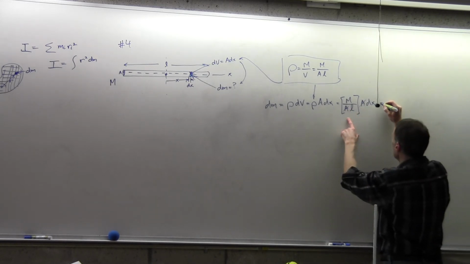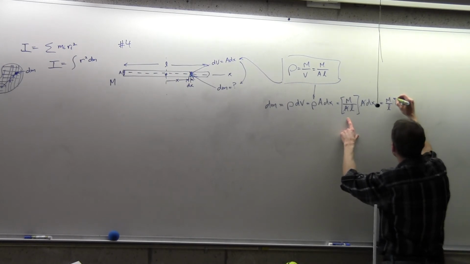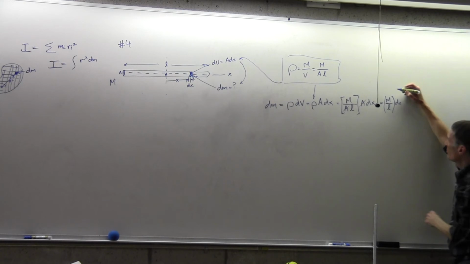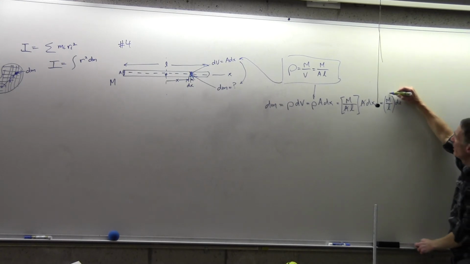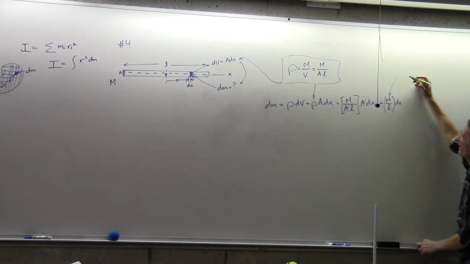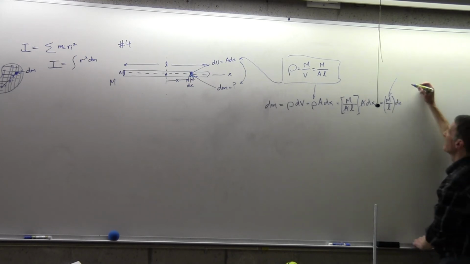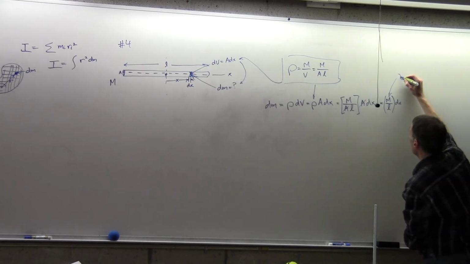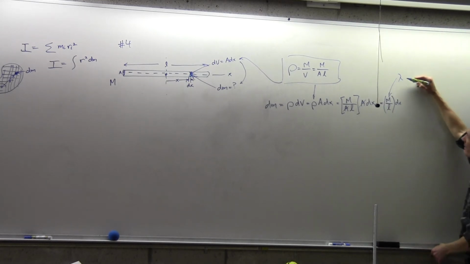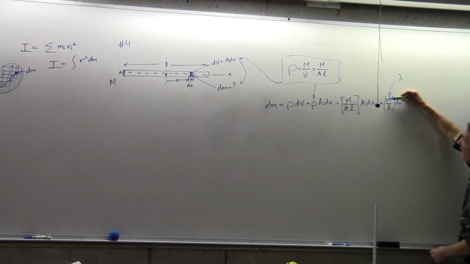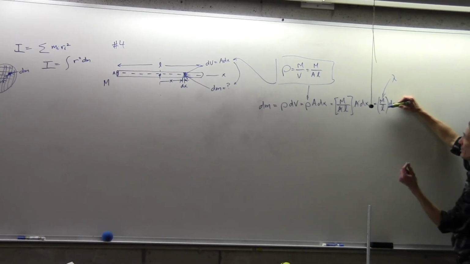It ended up being just the mass over the length times dx. And it's quite possible when he was doing this, he maybe just went right to this step. And very often the mass per unit length is something we'll use the symbol lambda for. It just represents how much mass, how many kilograms of mass per meter of stuff that you have.